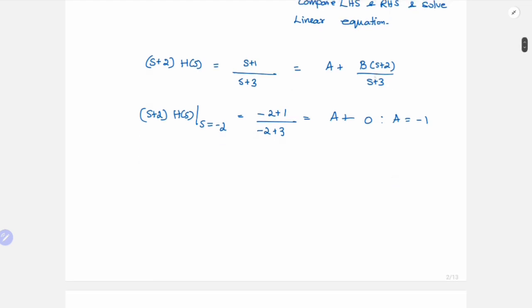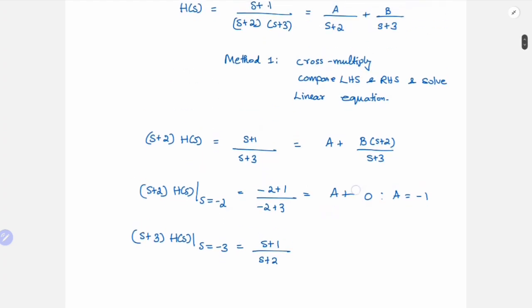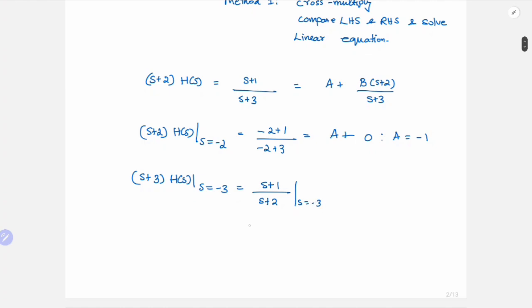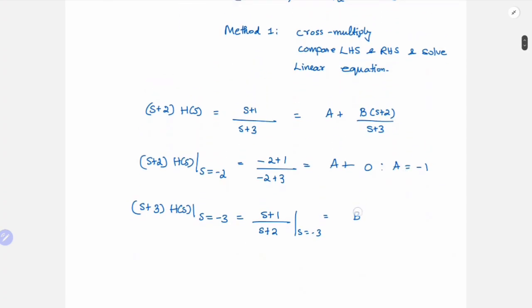Similarly, if I want to find B, what do I do? I multiply with s plus 3. So (s+3) into H(s) at s equal to minus 3. So this will be nothing but (s+1)/(s+2), because s plus 3 is going away. At s equal to minus 3, you will only have the B term because the A term will go away.